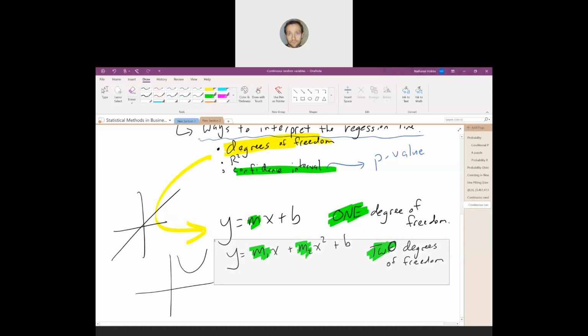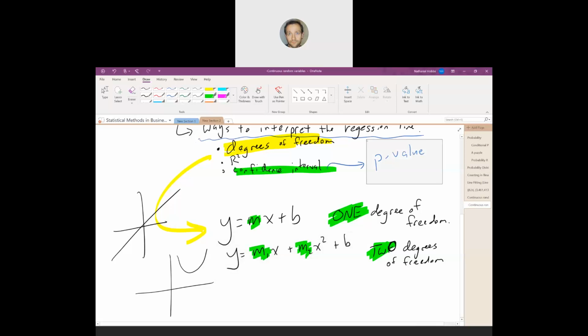And in this case, you would have 2 degrees of freedom. You have 1 degree here, and a 2nd degree here. Anything deeper than this, we'll maybe have to wait until next week.